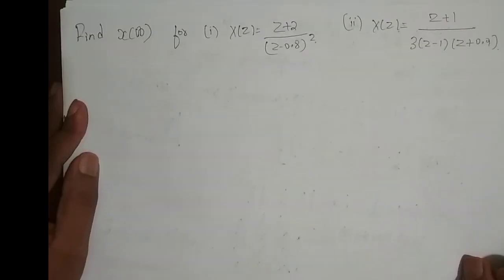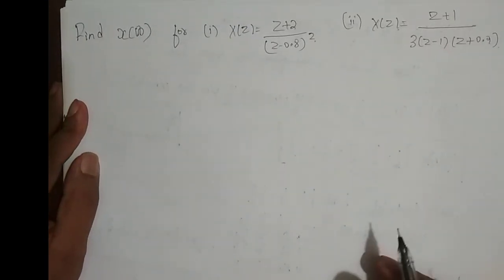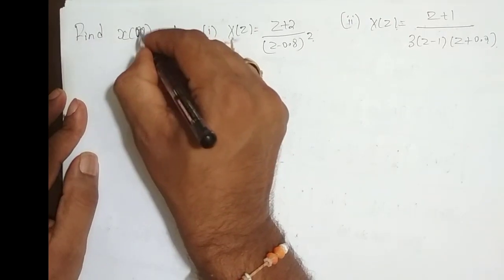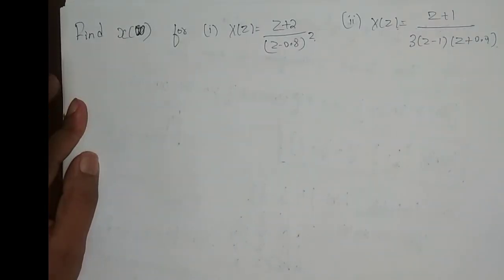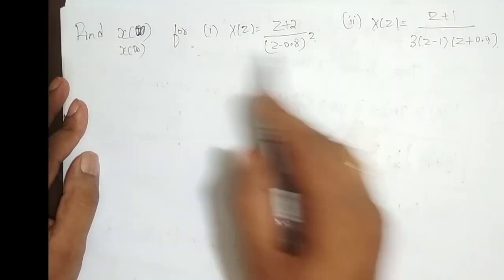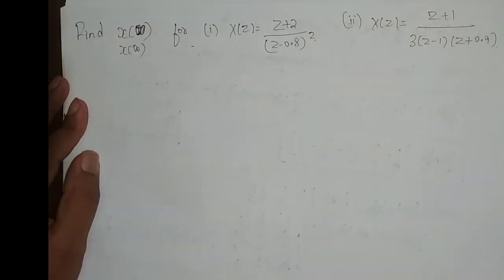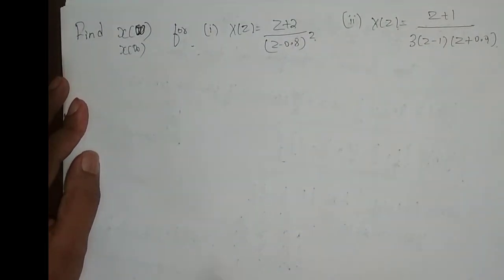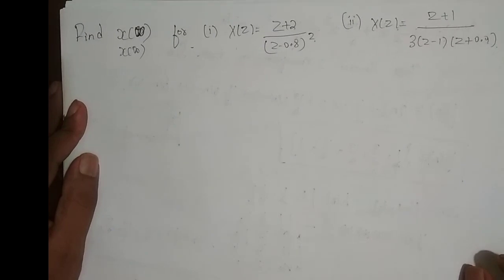Okay, we'll take up one last problem on Z transform using properties. Here I need to find x of infinity for the two Z transform sequences, x of z is this and x of z is this.